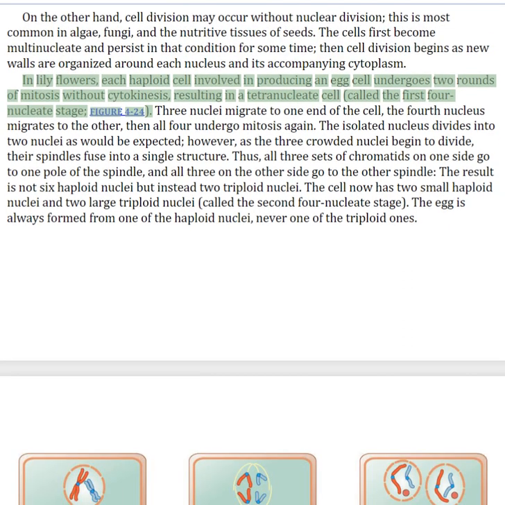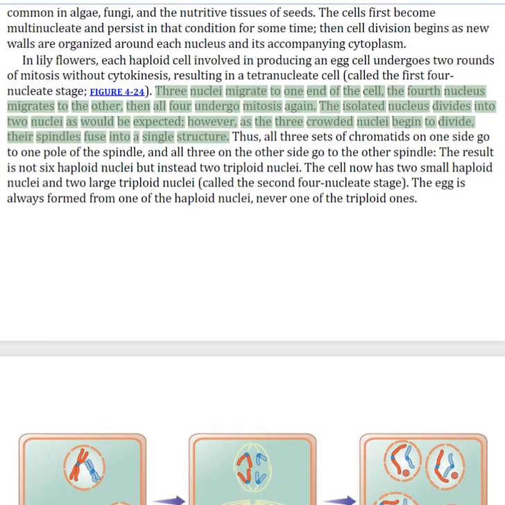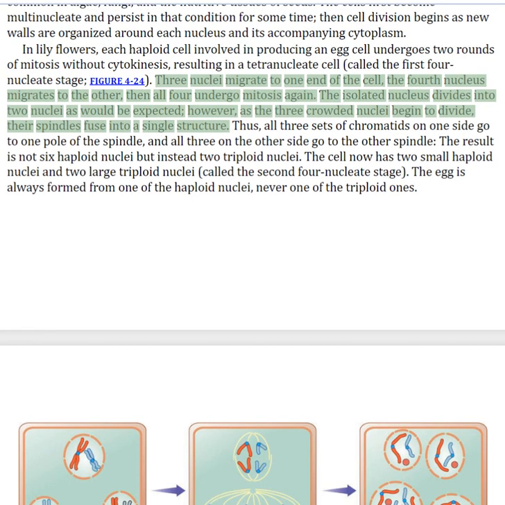In lily flowers, each haploid cell involved in producing an egg cell undergoes 2 rounds of mitosis without cytokinesis, resulting in a tetranucleate cell. 3 nuclei migrate to one end of the cell, the 4th nucleus migrates to the other, then all 4 undergo mitosis again. The isolated nucleus divides into 2 nuclei as would be expected. However, as the 3 crowded nuclei begin to divide, their spindles fuse into a single structure.